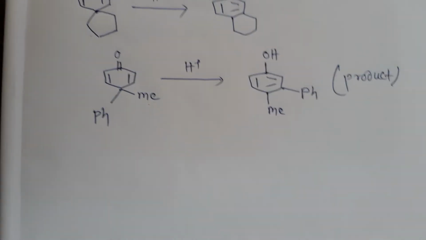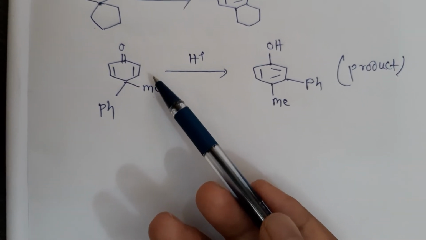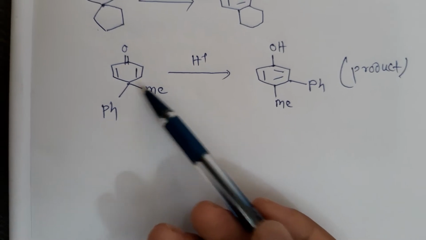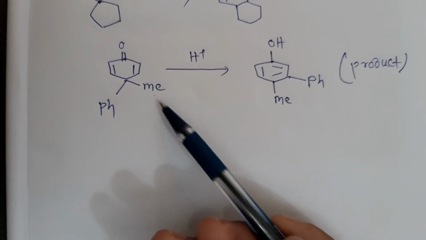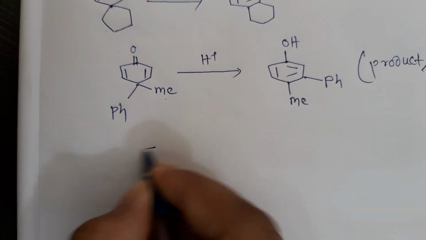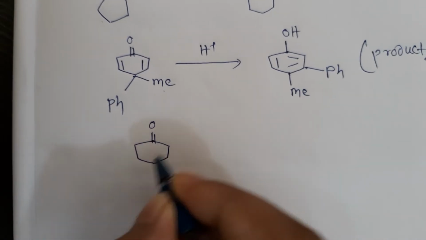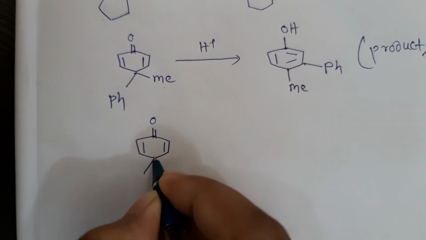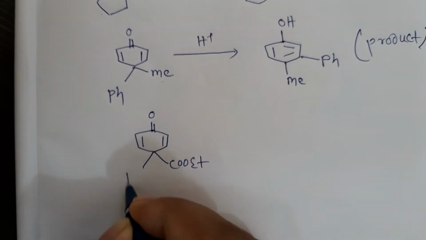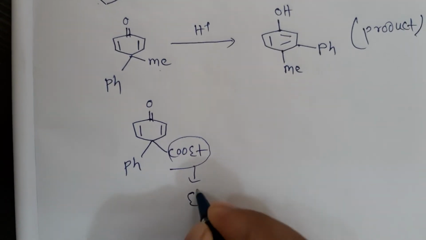If an electron releasing group migrates to that carbon, the carbocation generated here will be destabilized by the electron withdrawing group. Let's see one example. This is keto. What I am talking about, this COOEt, Ph. This group is an electron withdrawing group.